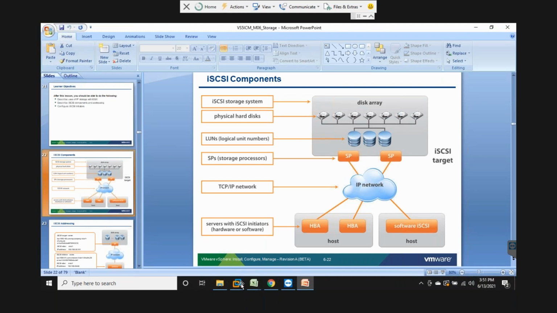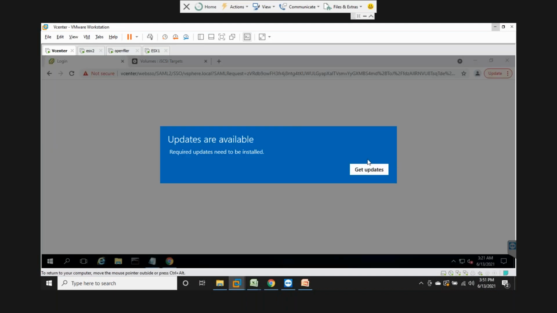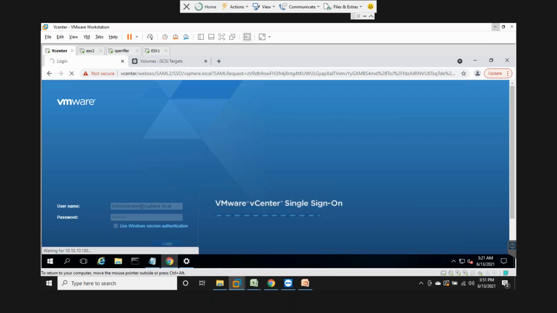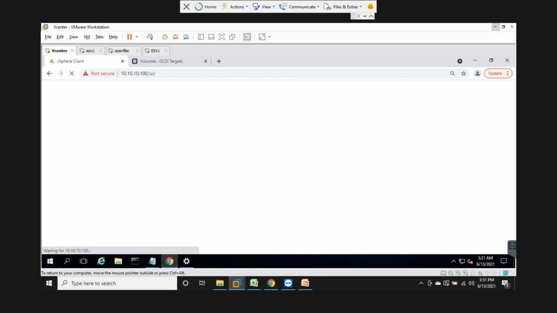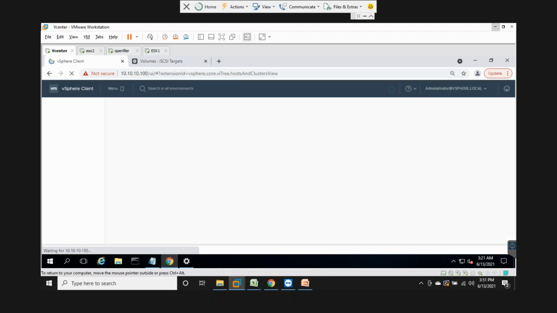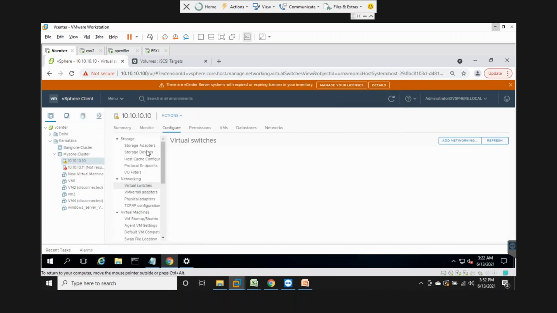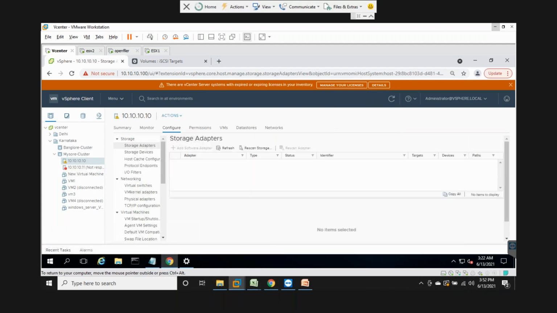Okay, let me show you. So I have clicked on the ESXi host, then Configure and then Storage Adapters.